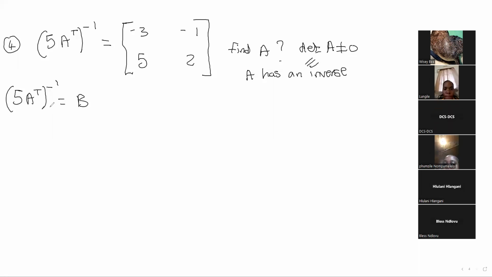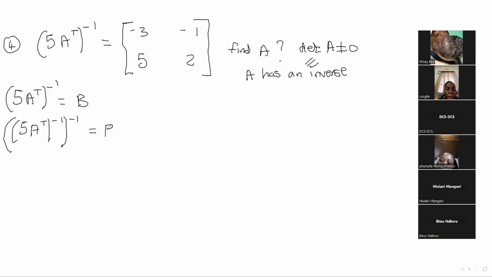So the first thing that I need to do is to remove this bracket and this minus 1, basically. And how can I remove this minus 1? Well, I can just raise both sides to the exponent of minus 1, like this. Open bracket, minus 1.